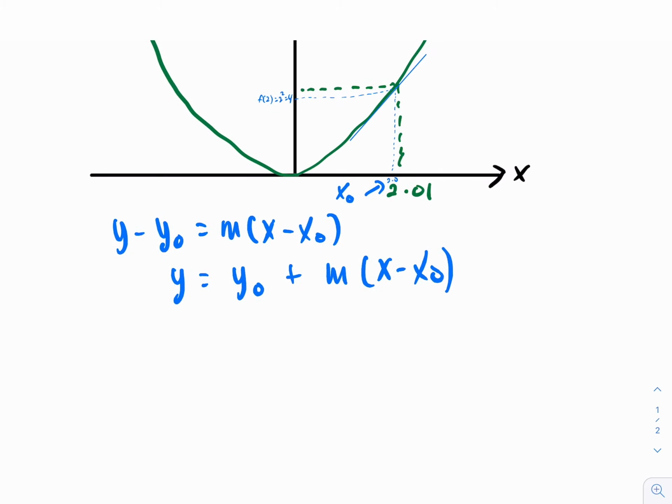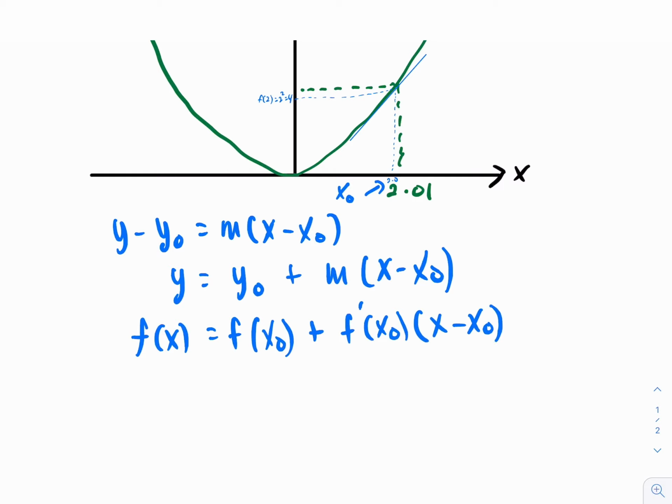Let's rewrite this in the form of f(x). We know that y is also equal to f(x), and y naught will be f(x naught), plus m, the gradient, which can also be written as f prime of x naught, times (x minus x naught).